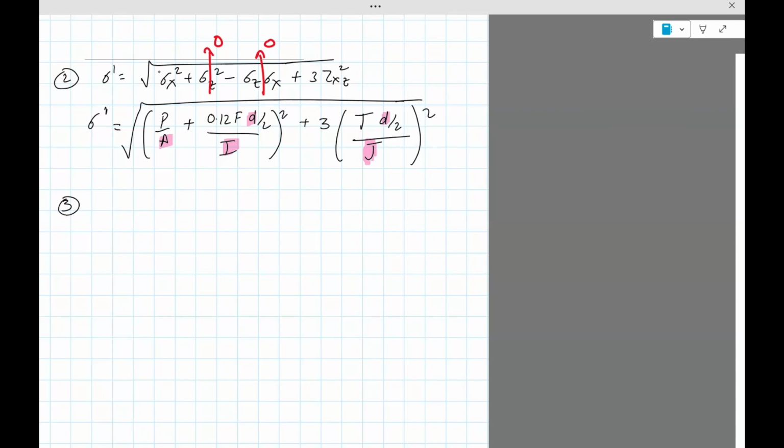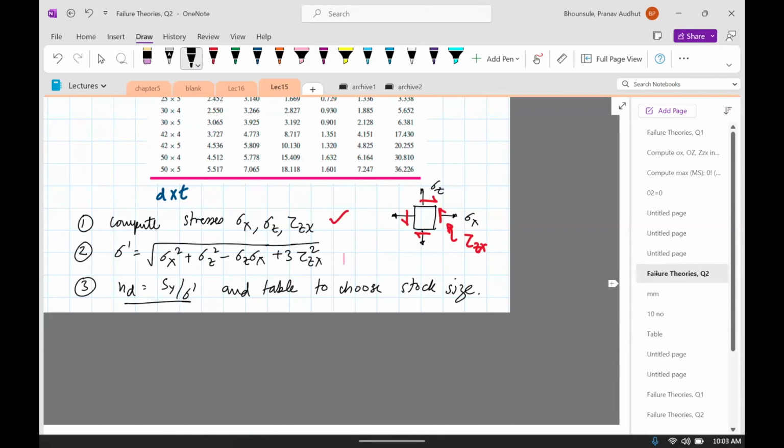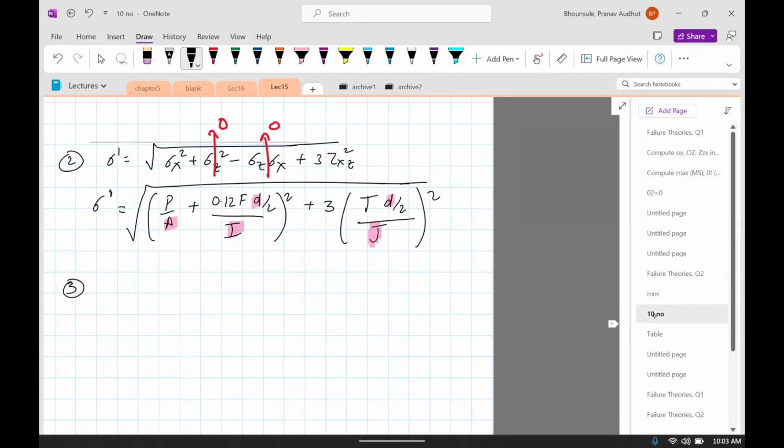Let's do the third step. The third step was to compute sigma prime. The design factor ND is SY divided by sigma prime.